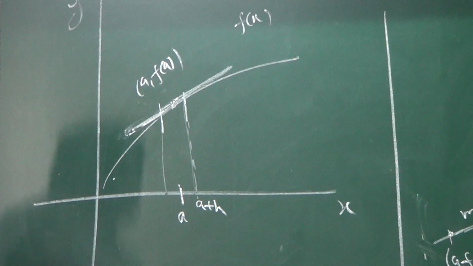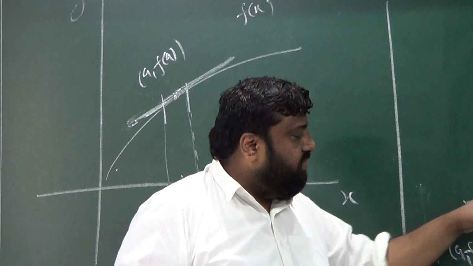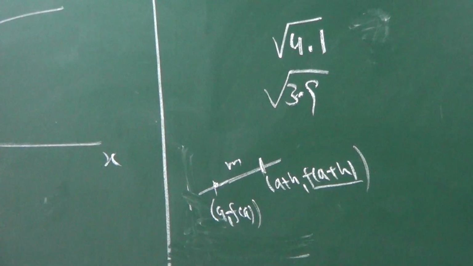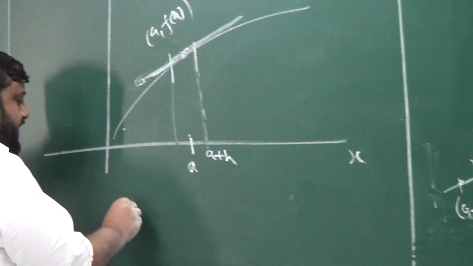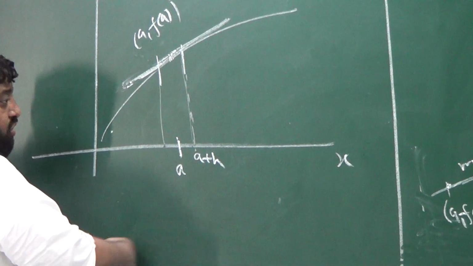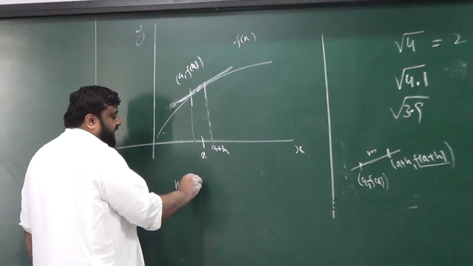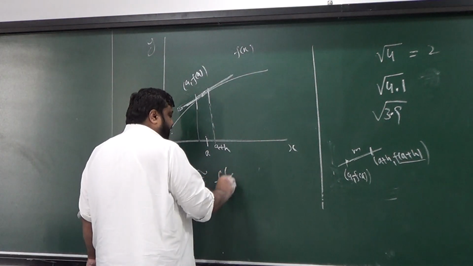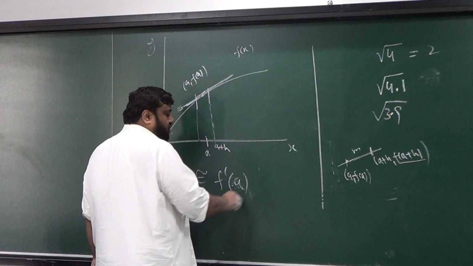What would be the equation of a straight line that passes through, for example, this point? Roughly I can say that f prime, the slope of this, I can approximate by f prime of a, the derivative.